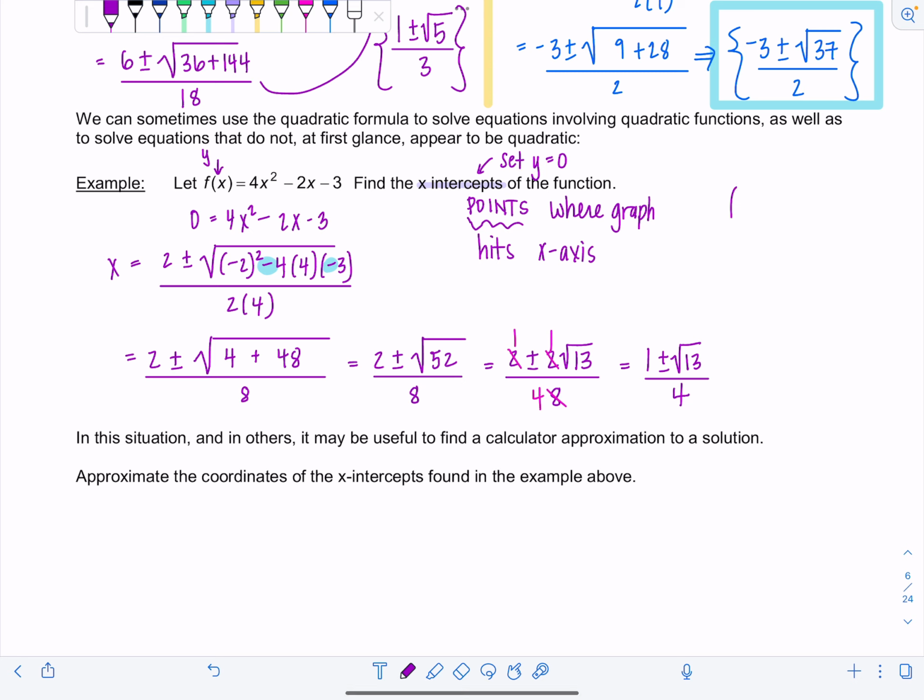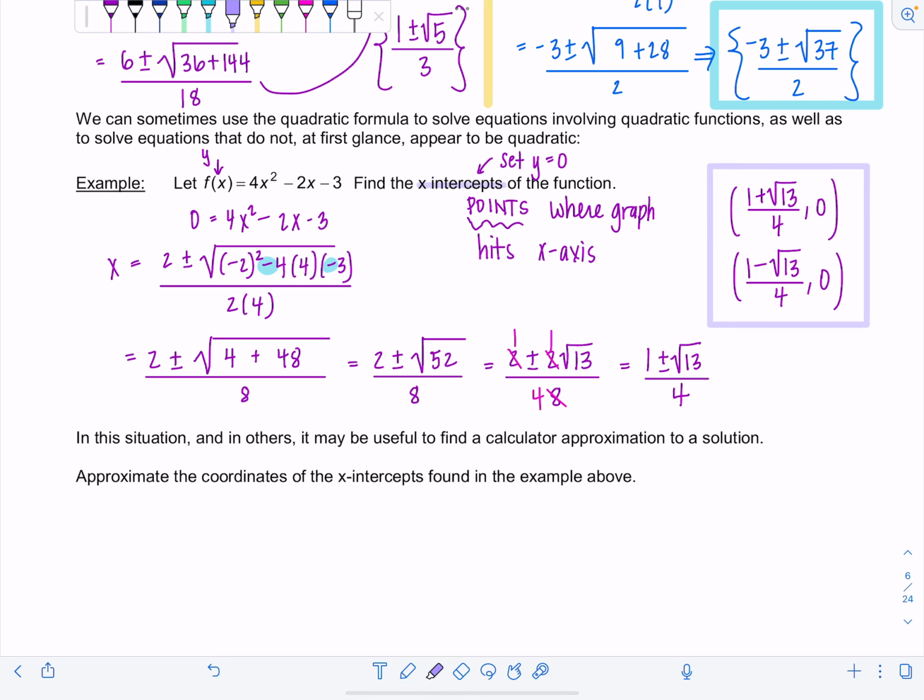So one of the x-intercepts is 1 plus rad 13 over 4, comma 0. And the other is 1 minus rad 13 all over 4, comma 0. Now I've answered the question, okay? So make sure you take the time to write that step and give your final answer as ordered pairs.